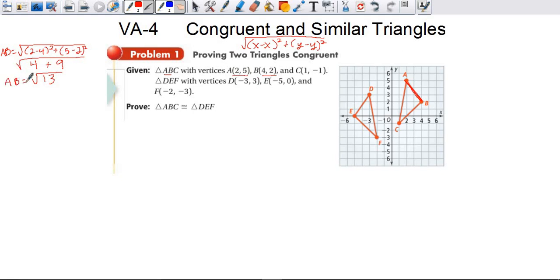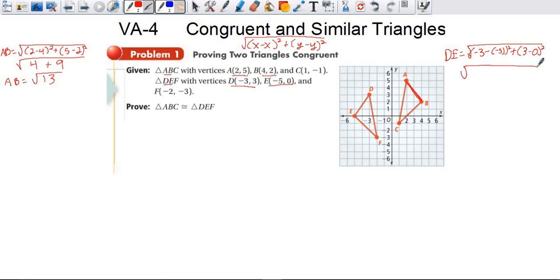And the reason why is when we do the other one, it should match it. So it should match DE in the other one, right? So D and E are those 2 points. We're going to do that over here on this side. So DE equals the square root of, my two x's are -3 and -5. So (-3 minus -5) squared, plus my two y's are 3 and 0, so (3 minus 0) squared.